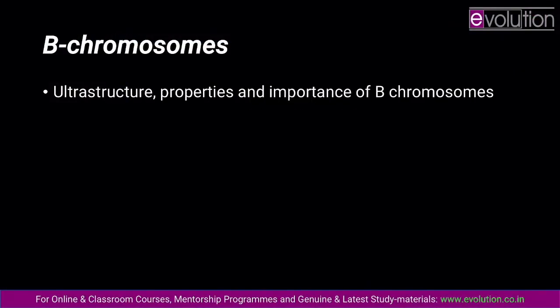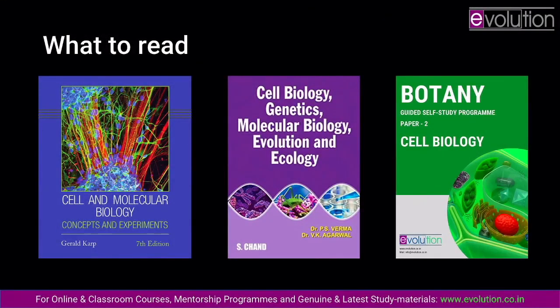In the end, what should you study for cell bio? My strong recommendation is that if you are wanting to study a textbook, because you have an option to study from my study material, my book on cell bio, but if you want to study from a textbook, I will very highly recommend the book on cell and molecular biology by Gerald Karp.